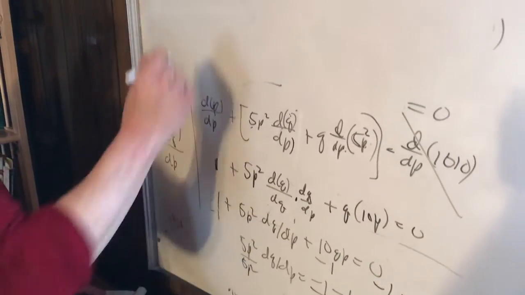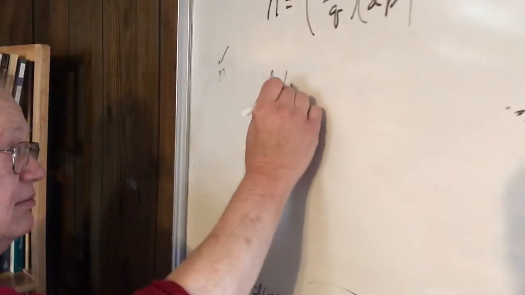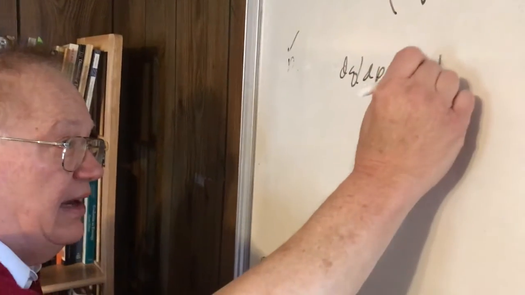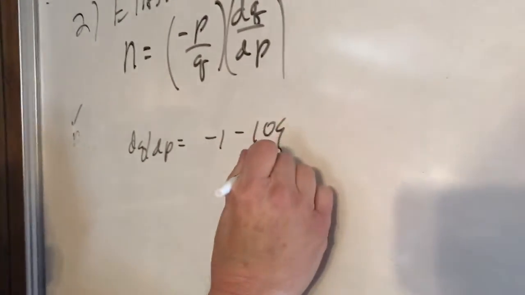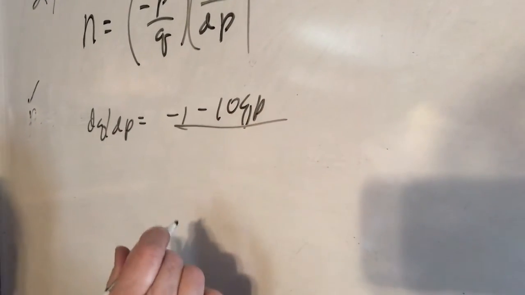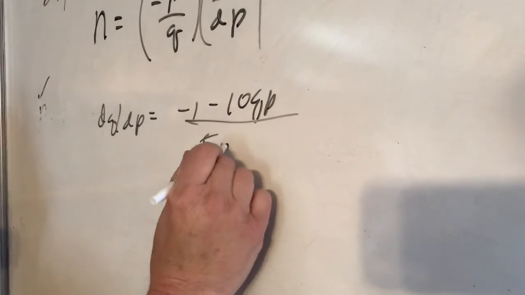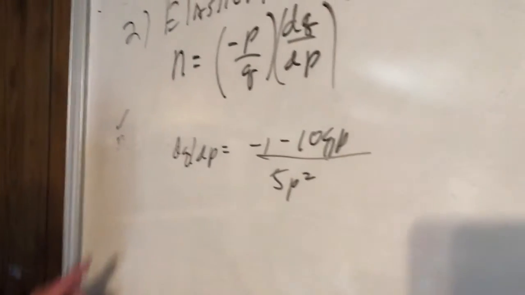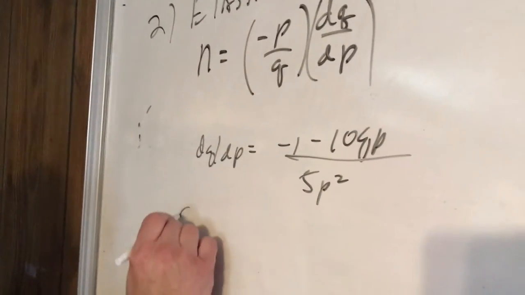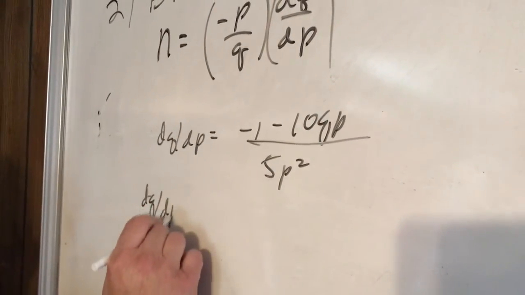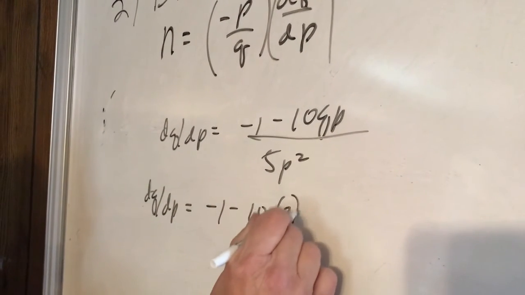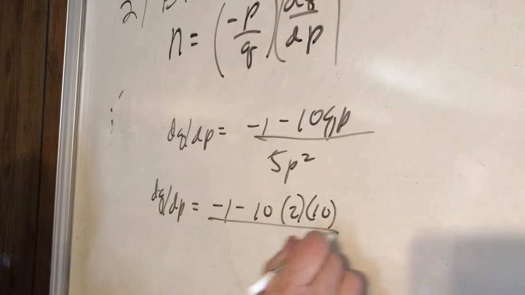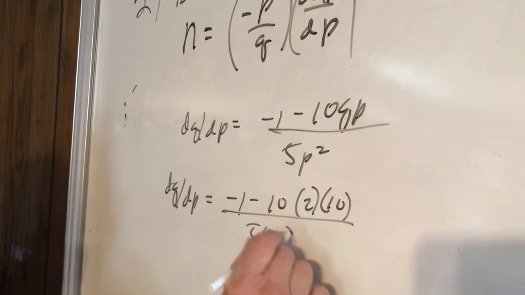Yeah. So I got dq/dP equals minus 1 minus 10QP over 5P squared. In order to find dq/dP, I have to substitute in here for Q and P. Minus 1 minus 10 times 2 times 10 over 5 times 10 squared.